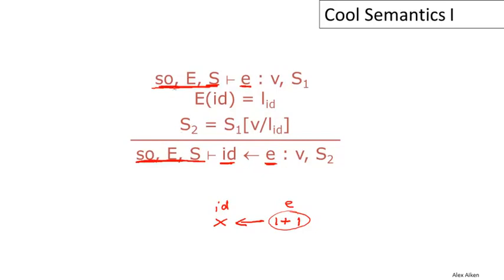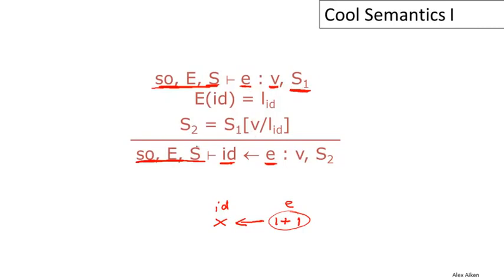So it just says the first thing we do is we run e. And that's going to give us back a value v, and possibly an updated store. So e can be an arbitrary piece of code. It could itself have assignment statements in it, and so the store that we get out might be different. So e produces a value v and an updated store S1.